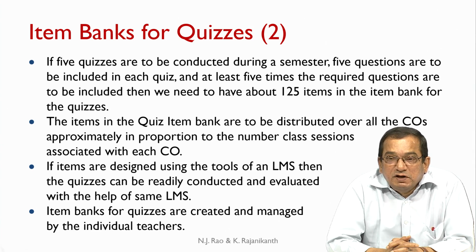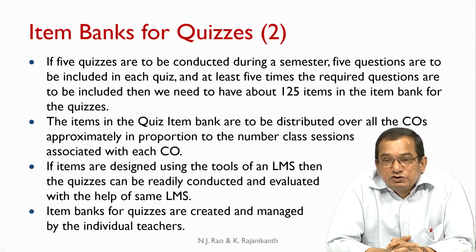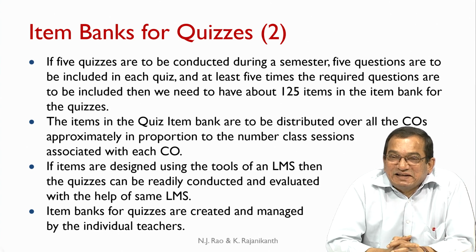We might have a policy of the department or the institute also, but in a representative fashion, let us assume that at least the initial item bank should have 5 times the number of items which are really required for the assessment instrument. Again, there is no magic about the number 5.